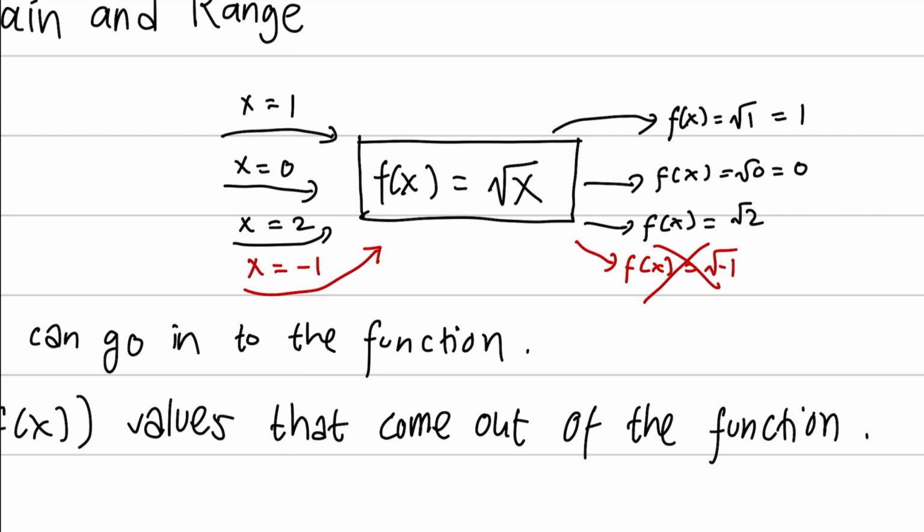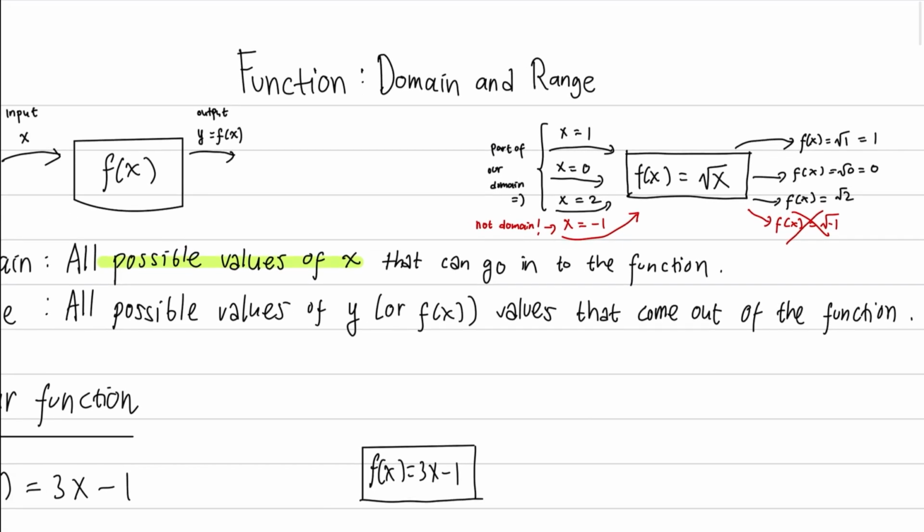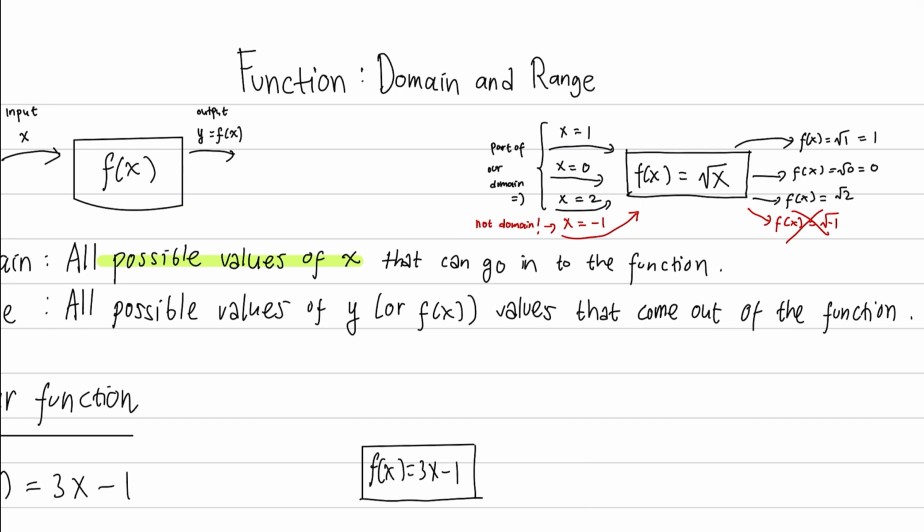That means x equals negative 1 is not part of our domain. But all of this is part of our domain. So that is the definition of domain. We have to put all possible values of x that can go into the function.